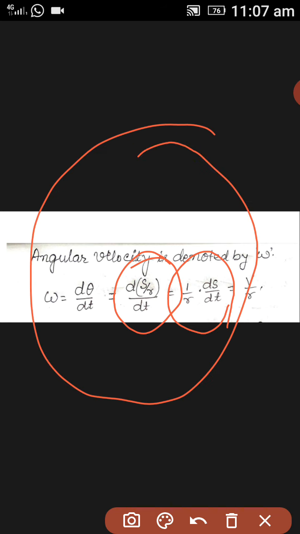Now in place of theta we put here s by r, and then r is constant as the path radius is constant. Therefore, it comes out, and differentiation of displacement with respect to time, that is the rate of linear displacement, is the velocity.